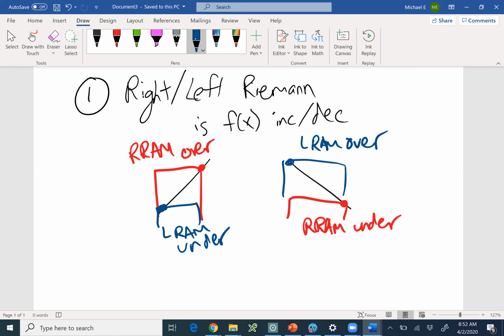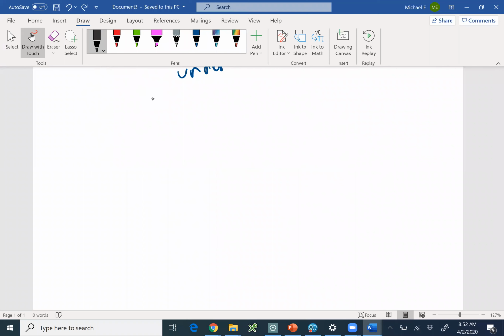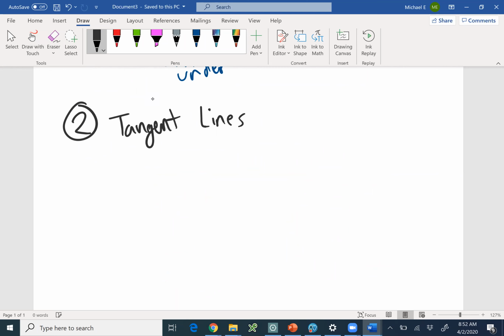So that's one rule. The other rule, and this is why I think some of us got a little bit confused, is for tangent lines. For tangent lines, it depends on the concavity, on f double prime.